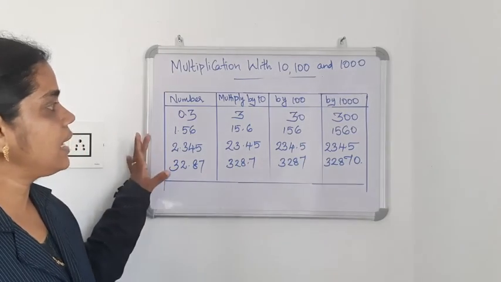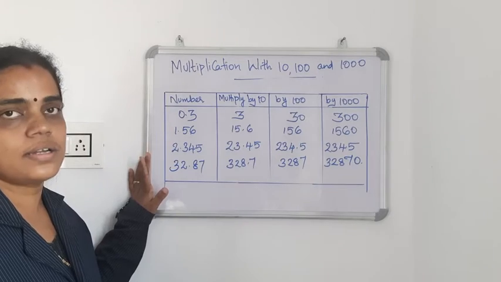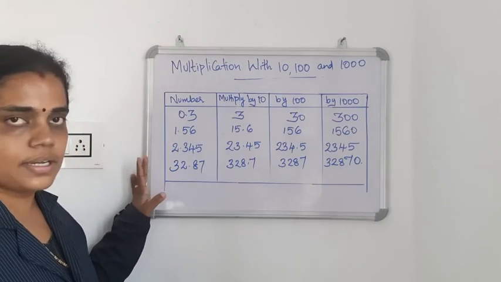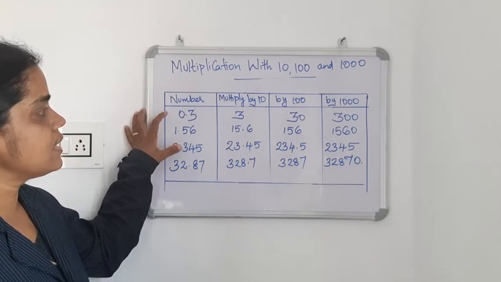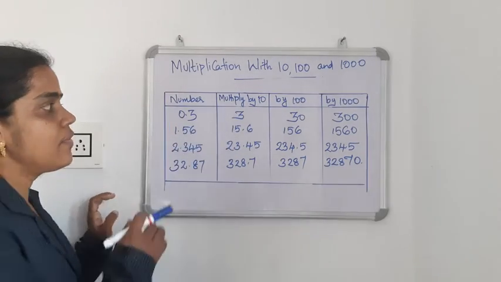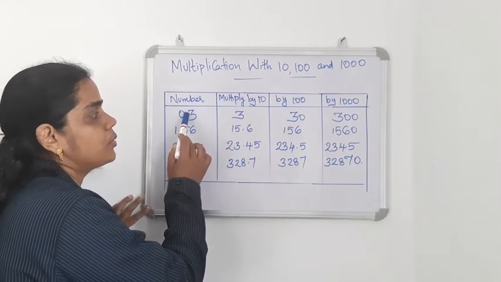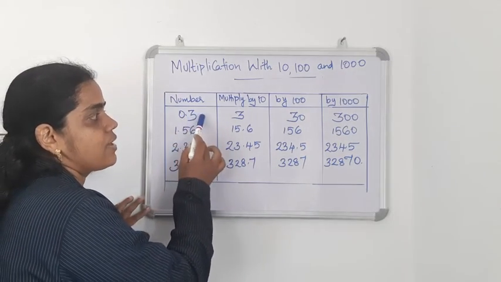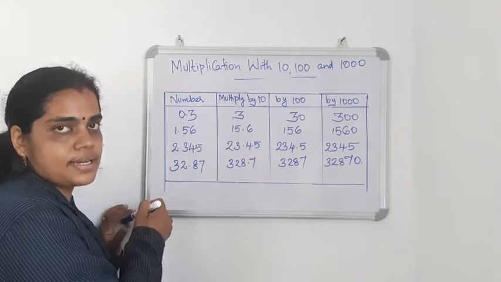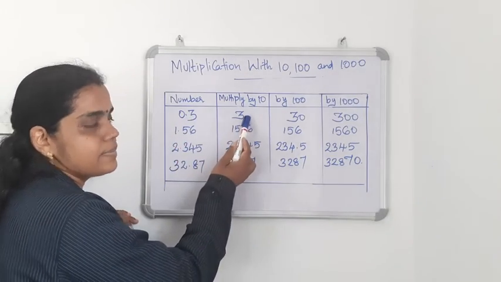This table will help you to understand more about multiplication by 10, 100 and 1000. Examples are given. So the number here is 0.3. Multiplication by 10, in 10 only one zero is there. So we need to shift one digit to the right side. So if we are moving one digit to the right side, it will become 3.